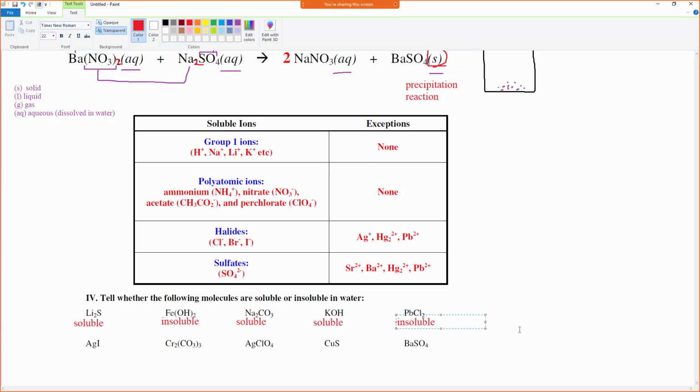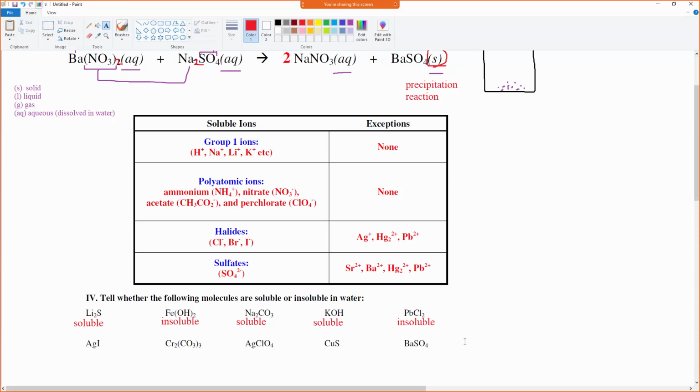Insoluble. Good. Why is PbCl2 insoluble? Because lead with chlorine specifically is an exception to the things that are soluble, right? Because chlorine's usually soluble, but lead is one exception to that.